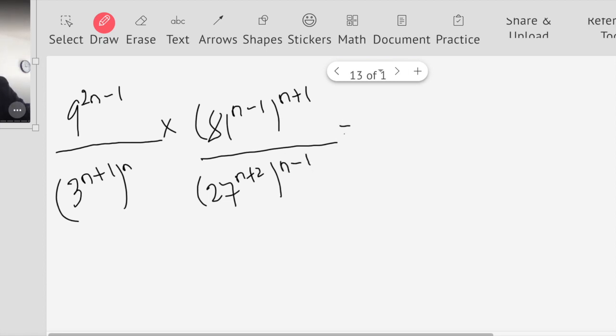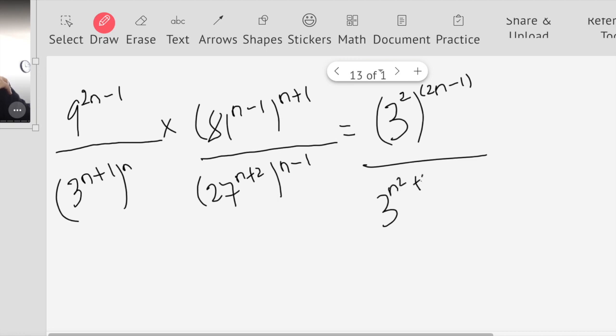All right, so let's rewrite this with base 3. So we have 3 squared to the 2n minus 1 divided by this, which is already written with base 3, so I can go ahead and multiply these, and I get 3 to the n squared plus n.